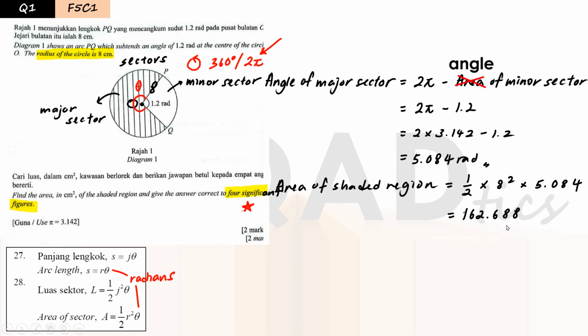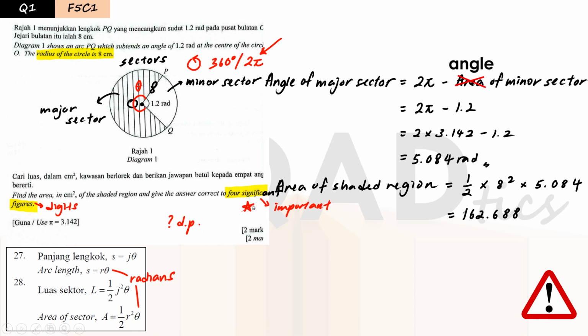Well, we need to look at the condition of the question here. It says we must correct it into 4 significant figures. Significant figures is actually another way of asking to convert our answer into a number of decimal places. What do significant and figure mean? Significant is another word for important, and figures here means digits.